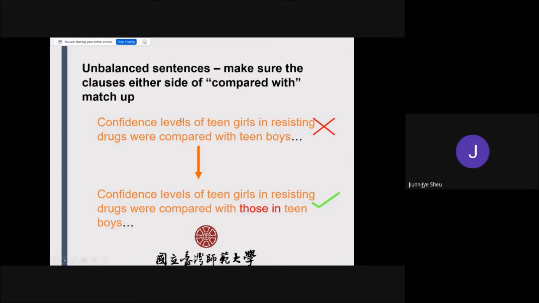You don't compare confidence level of girls with boys. You are making a comparison between two confidence levels, not between a confidence level and a person. Therefore, the revision is: the confidence level of teen girls in resisting drugs was compared with those in teen boys. Here, "those" means confidence levels in teen boys. So you compare confidence level with confidence level.